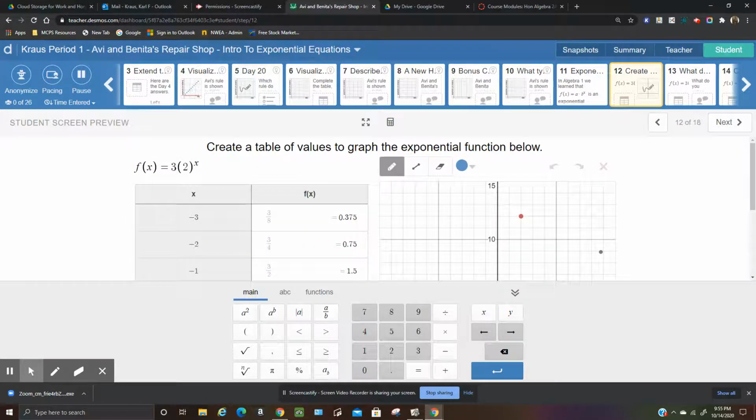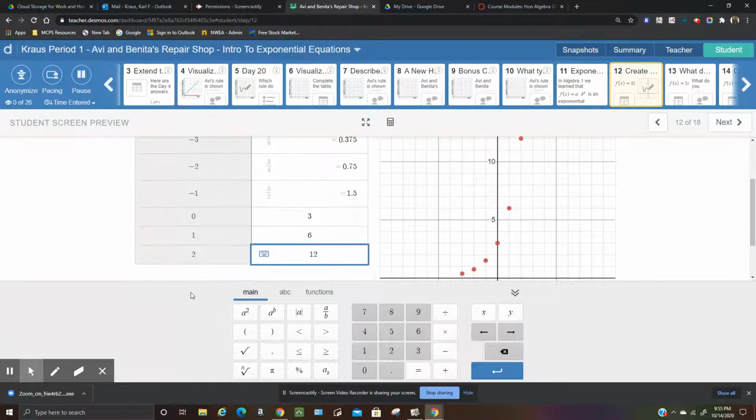And then if I sketch the curve through there, so it's probably a good idea to sketch a curve here. So this would look like this here. If I can get my pen to stay steady here.